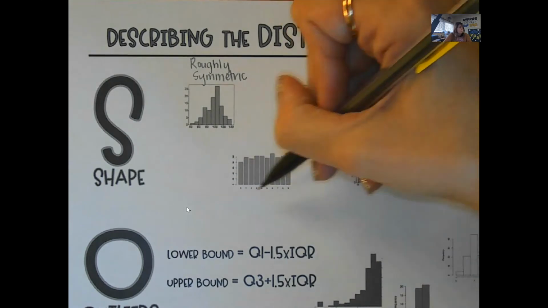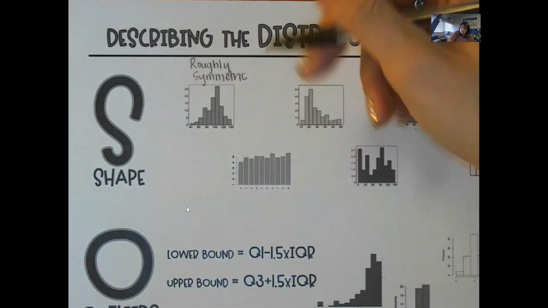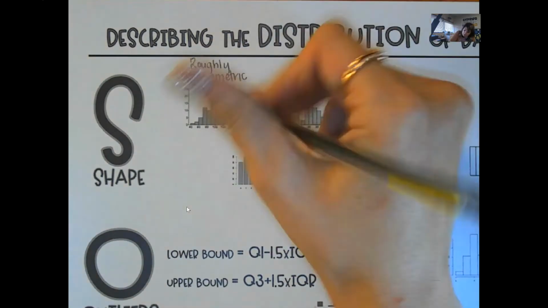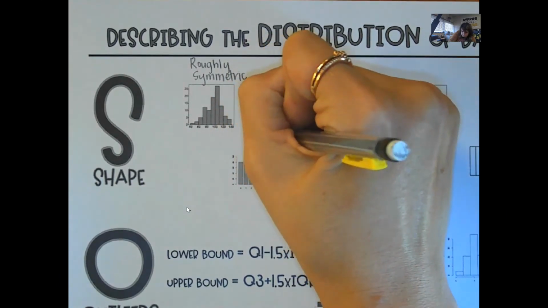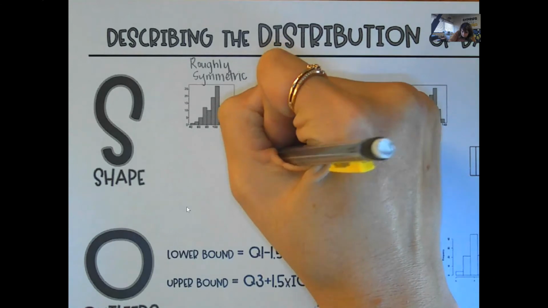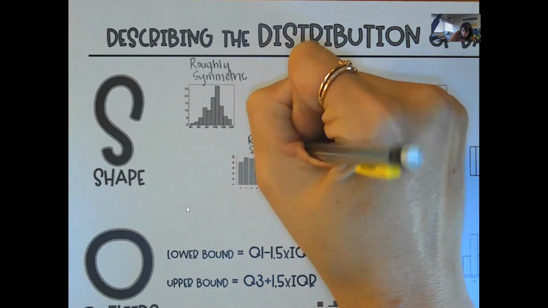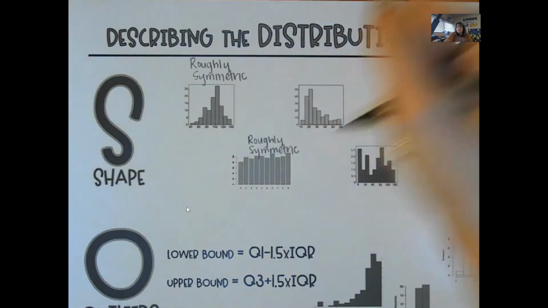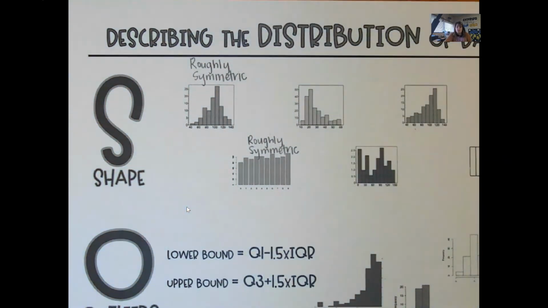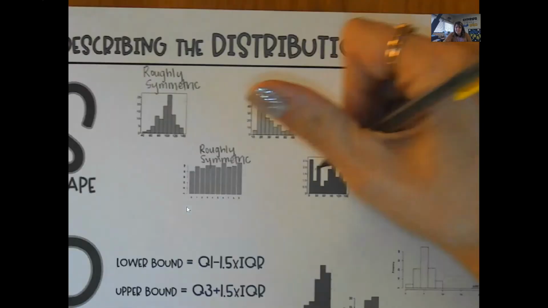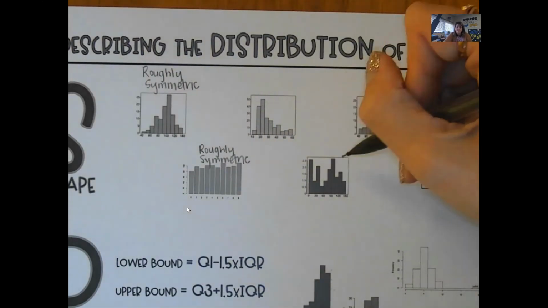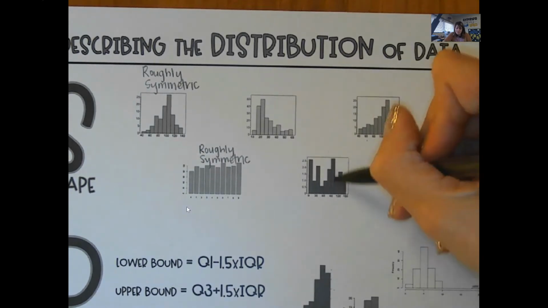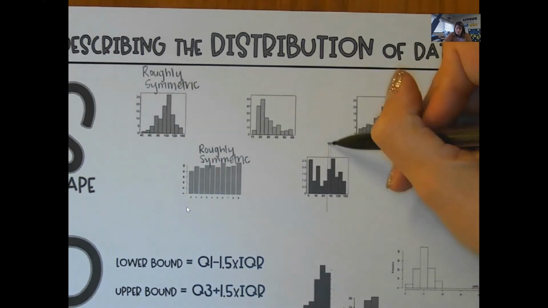Then this one below it right here, he is also roughly symmetric. So remember, this is like if you fold it vertically through the center, will the two sides match up pretty closely? This guy, I'm like, is he not? He's not. If we found the center of this guy, that's about right there.